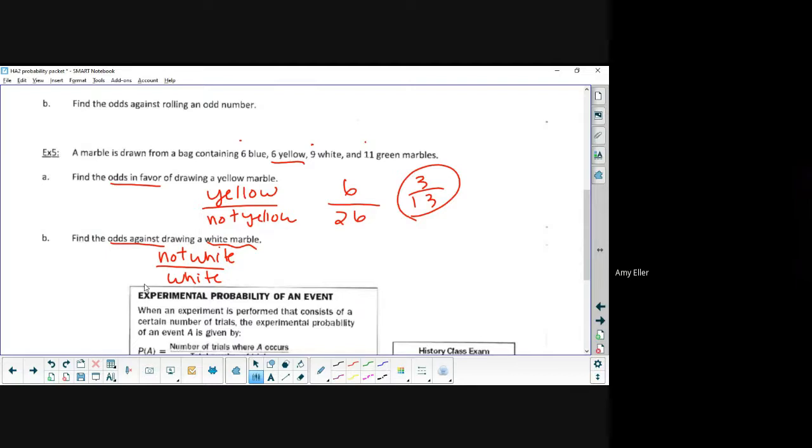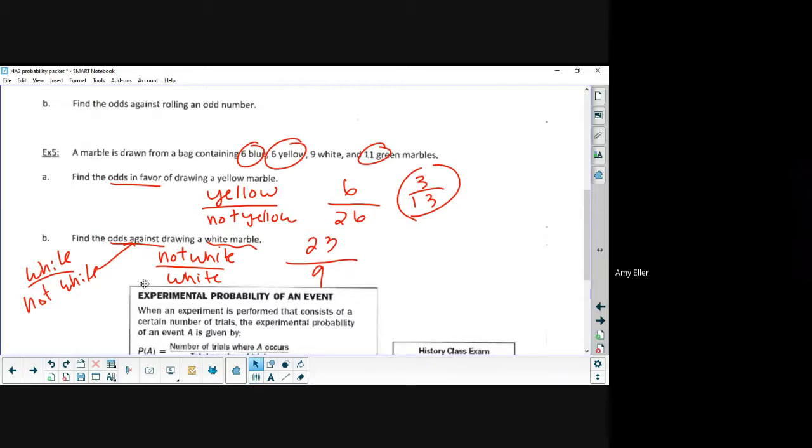So normally it would be white to not white, but it says odds against, so I flip it. So how many are not white? Not white, not white, and not white. That makes 23. The white ones are 9. That does not simplify. Questions at all?